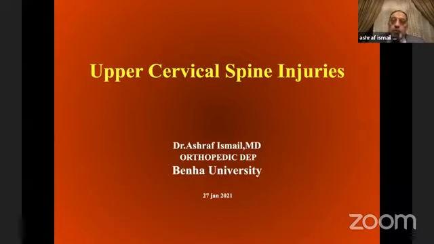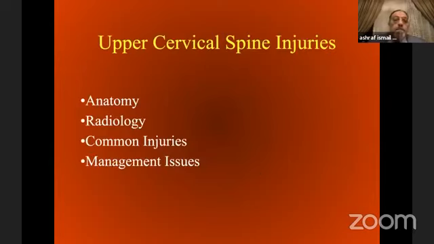It is an intermediary part between the skull and the rest of the vertebral column. It's formed by the base of the skull, C1 and C2, and the disc between C2 and C3. We will discuss the anatomy, radiology, common injuries and management issues.